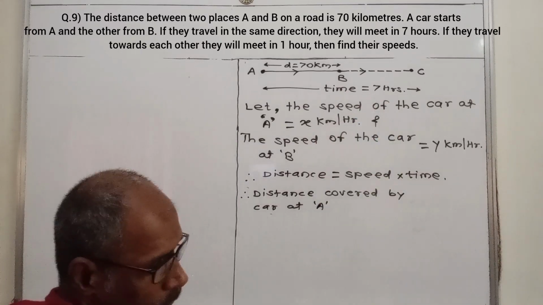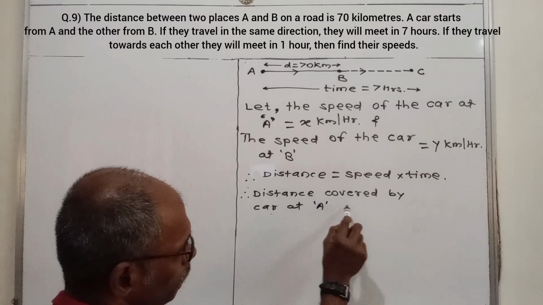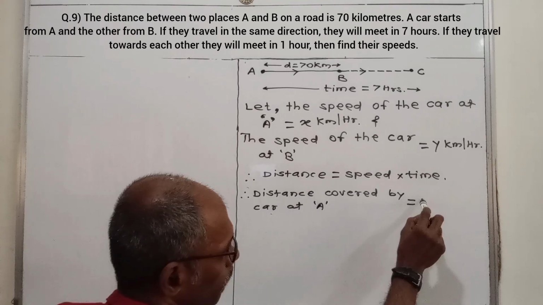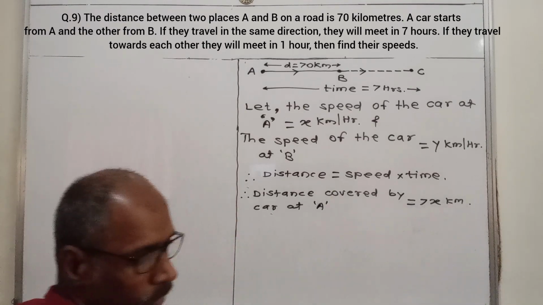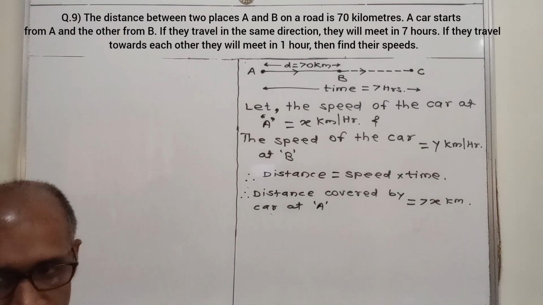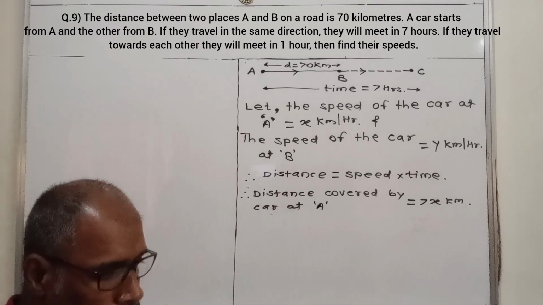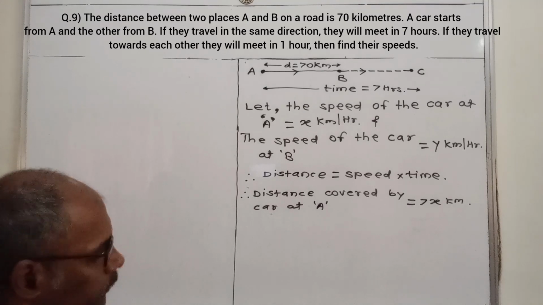And time required means time into speed or speed into time. What is distance? 7x kilometer. Very good. Distance is always in kilometer, meter, centimeter, millimeter, like that.